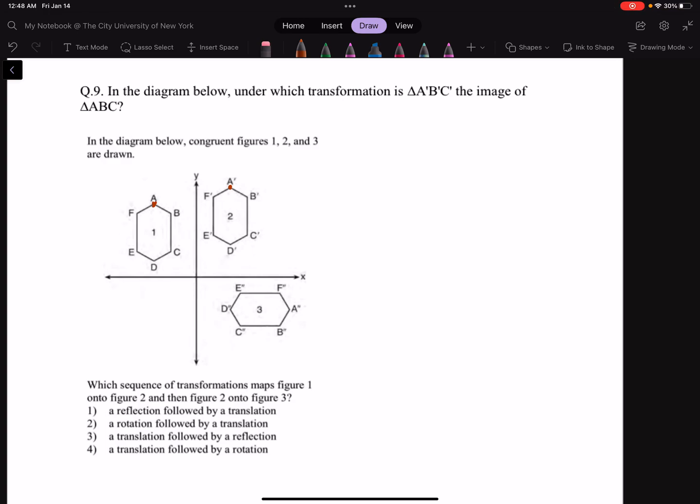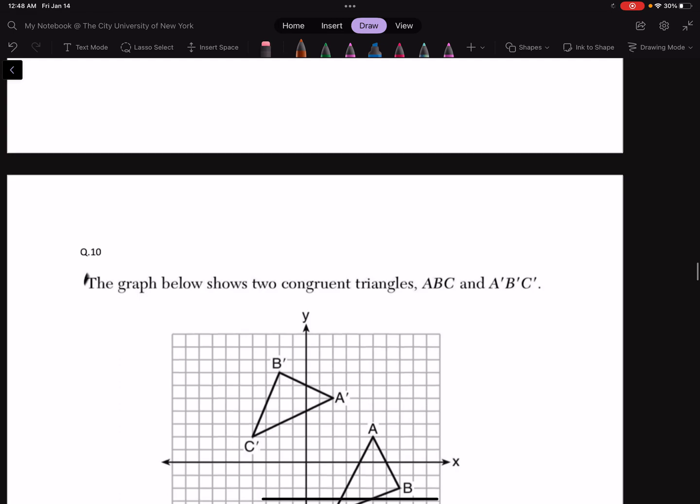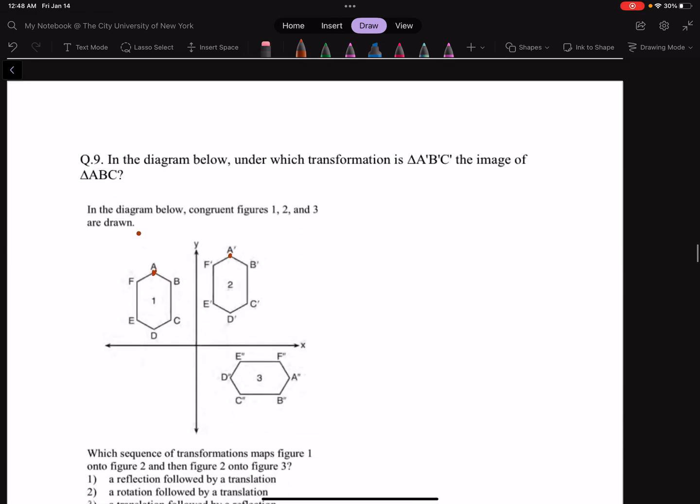I think this question has got some problem. I probably made some mistake in making this. This should not be this. This should be A, B, C, D, E, F, that transforms to A double prime from 1 to 3.